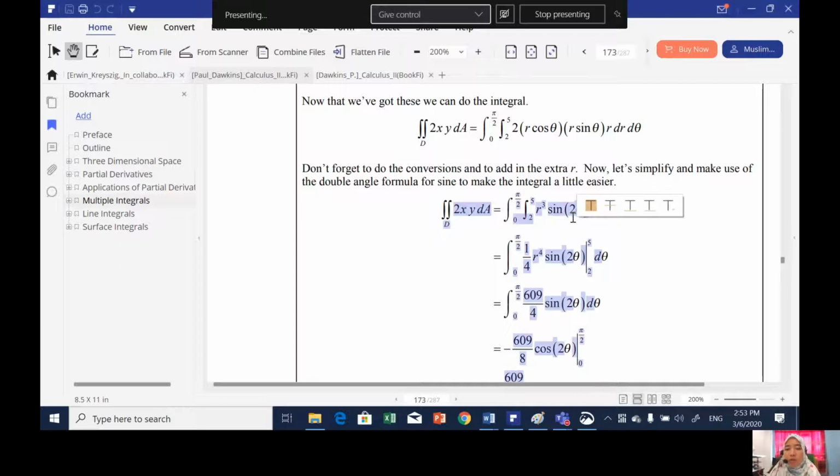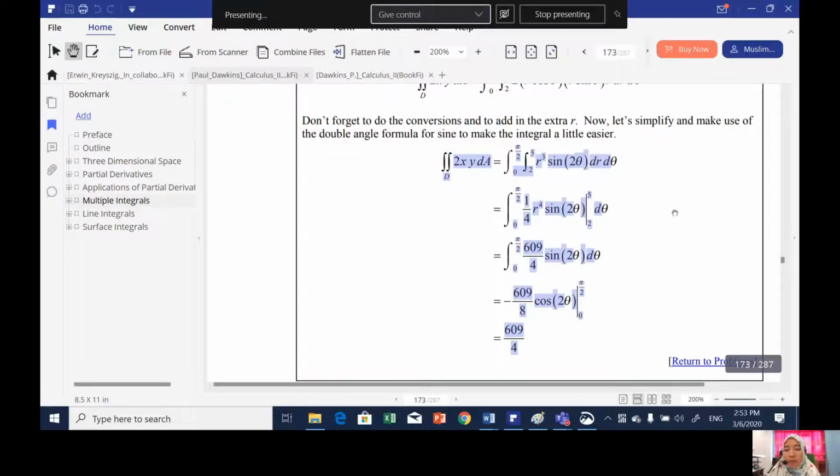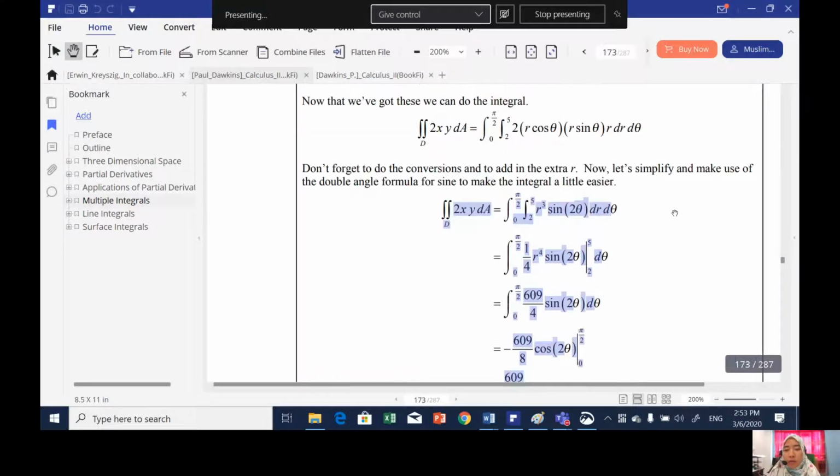You may refer back to the formula list of trigonometric identities. Why do we convert sin theta cos theta into sin 2 theta? Because we cannot integrate sin theta cos theta directly. Therefore, we convert into sin 2 theta, and we can integrate that.